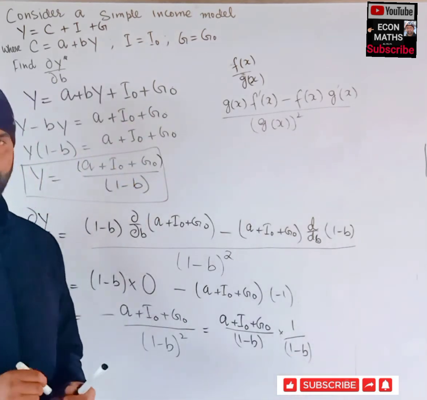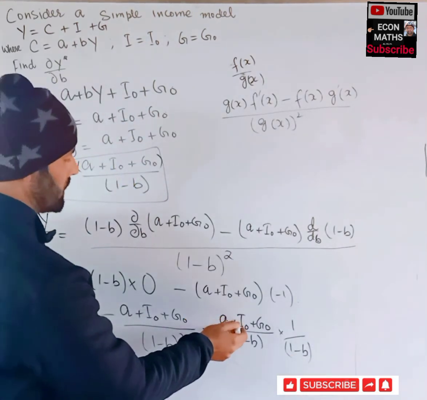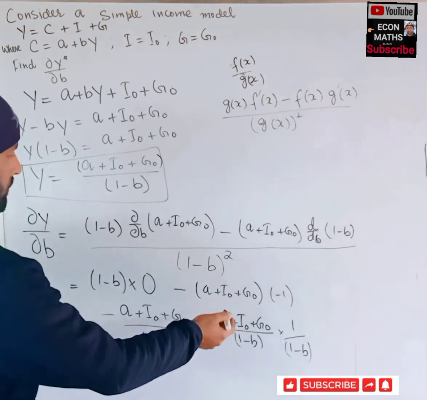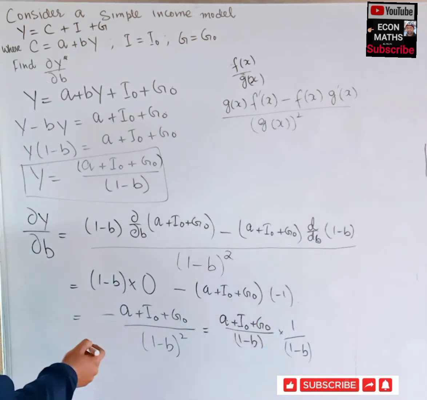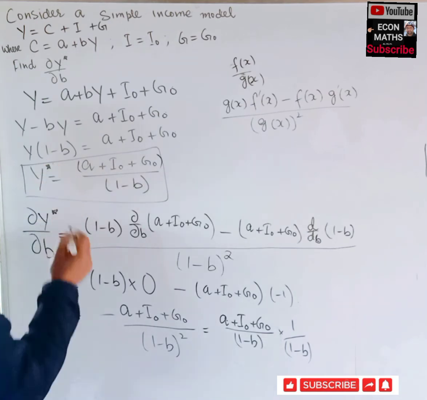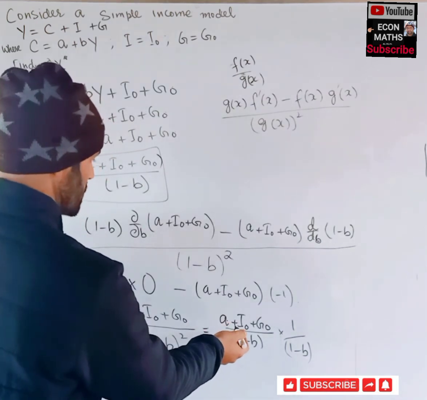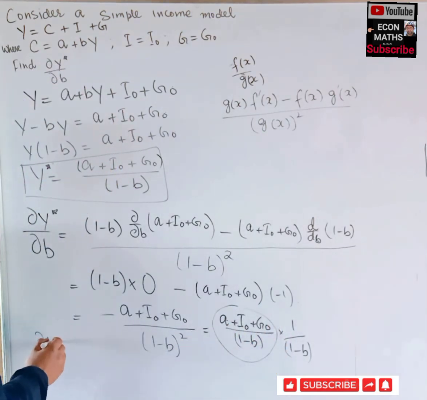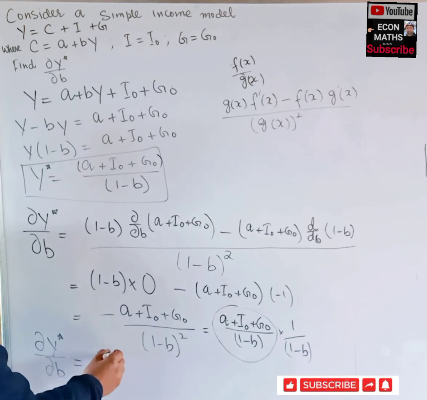We know a plus I naught plus G naught divided by 1 minus b is equal to y. So in place of this we will write y. So our dy divided by db is equal to y divided by 1 minus b.